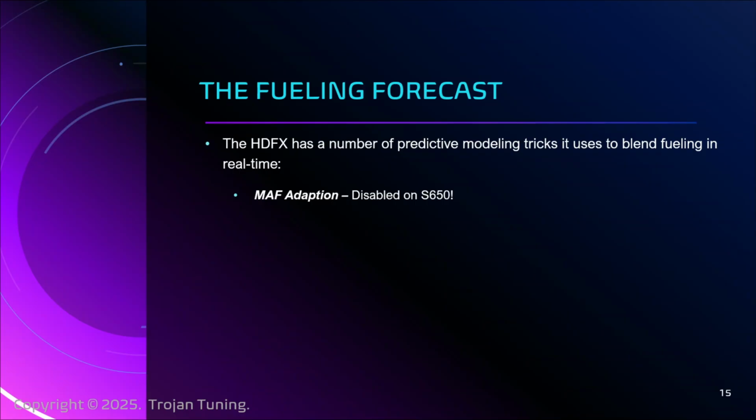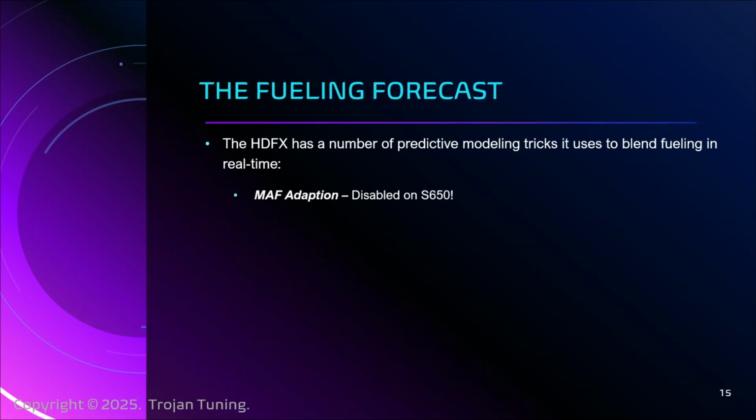I cannot say that enough, because that's a departure from previous gens. And it's joining its cousin, the F150, of why they did that, among other reasons. Speed density is very accurate. If you are a little bit snobbish about your accuracy, speed density probably beats out MAF.